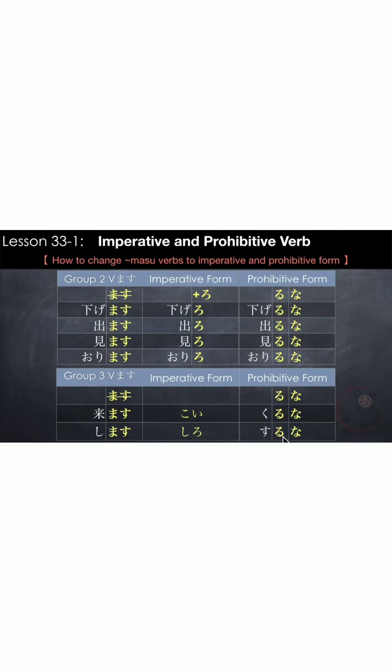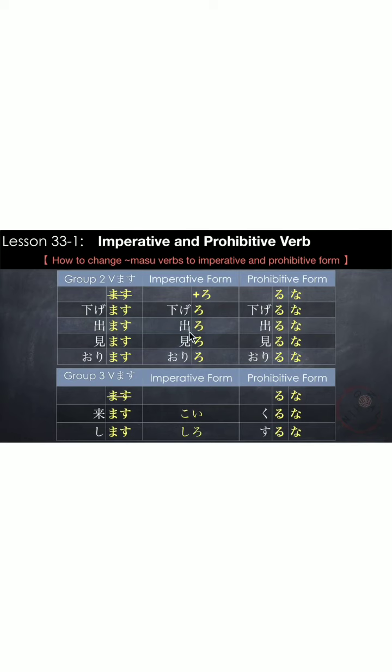For group 2 verbs, we remove masu and then we add ro. For example, sagemasu, which means to lower, it becomes sagero. And for prohibitive, again, just make it into plain form and then add na, sageru na. Next example is demasu, meaning to go out.